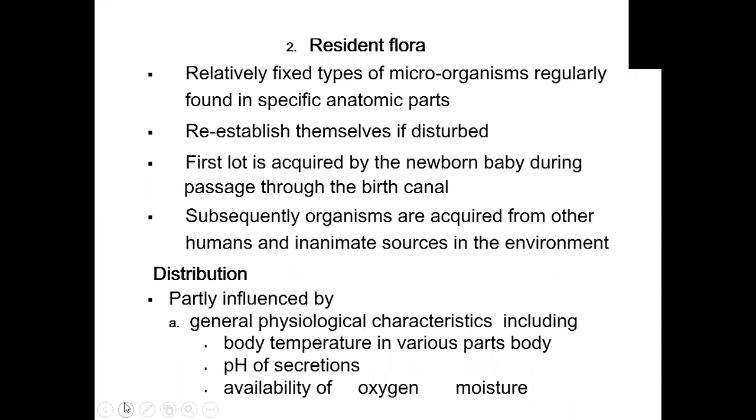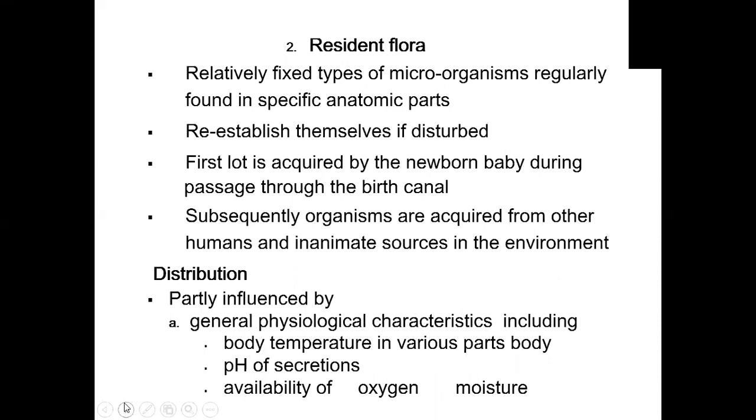But even the ones that are not born vaginally eventually get these organisms from those handling them, from the immediate environment. So they also start accumulating them. Subsequently, the organisms are acquired from other humans and inanimate sources in the environment.